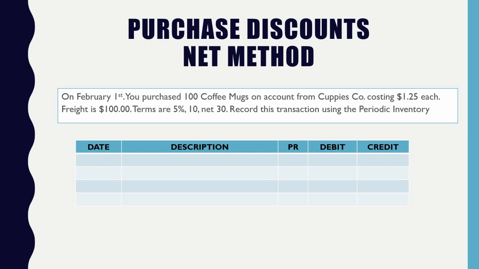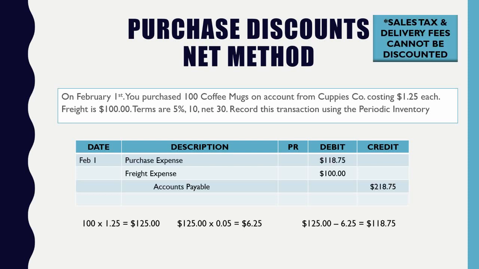So you're going to do the $125 minus the 5% upfront. Right. It still comes out to the $216. So you're just going to take the $6.25 out of the $125 upfront, which is going to be $118.75.